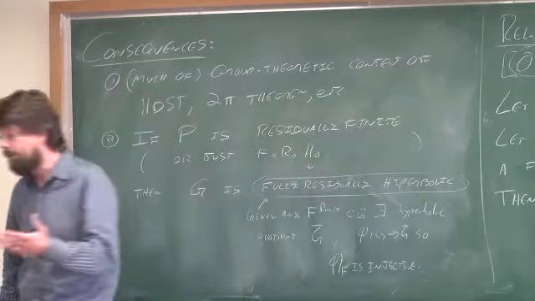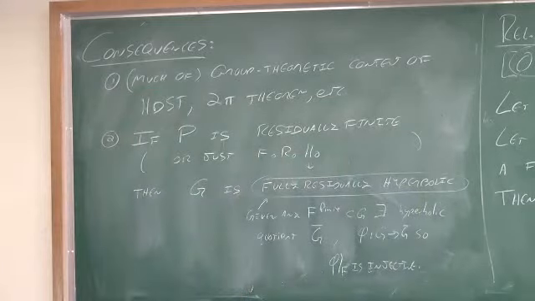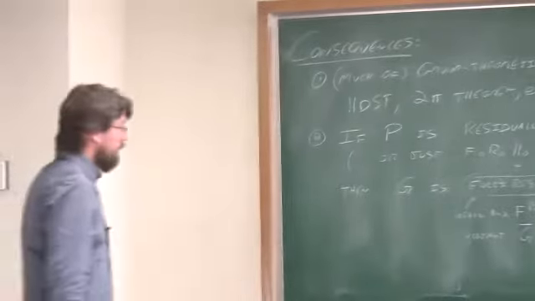The point is that finite groups are hyperbolic for sort of trivial reasons. There's a bound to how big of a triangle you can make in a finite graph.